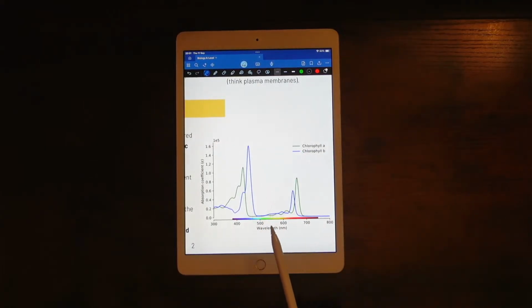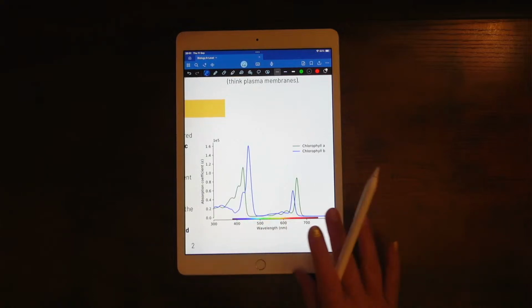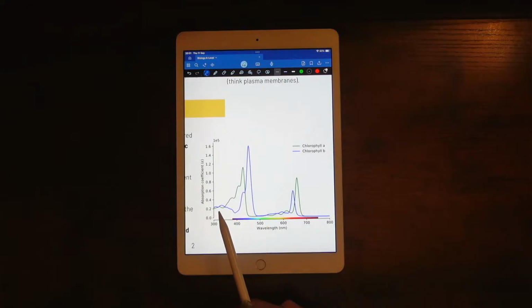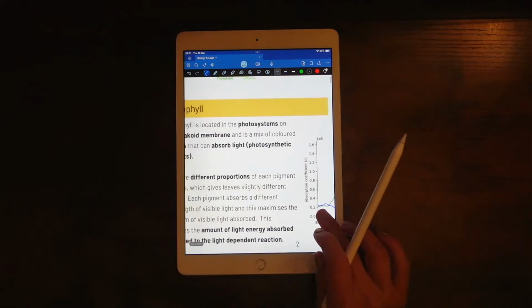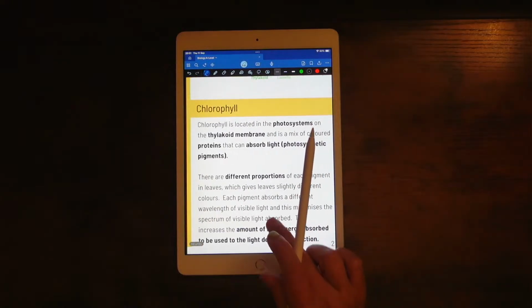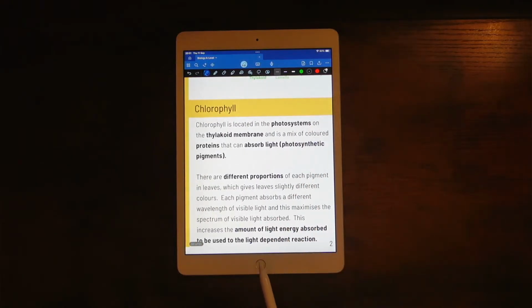And what this shows you is the advantage of a plant having multiple pigments is you get a greater range of wavelengths of light being absorbed, and therefore overall more light energy is absorbed. And that's then needed for the light-dependent reactions.